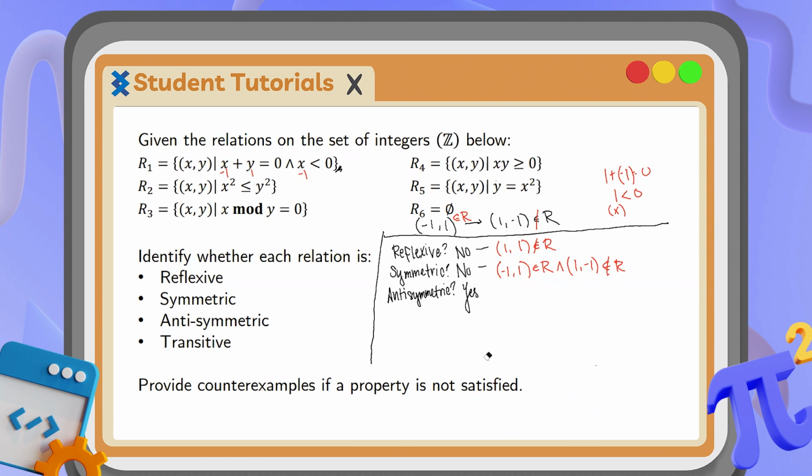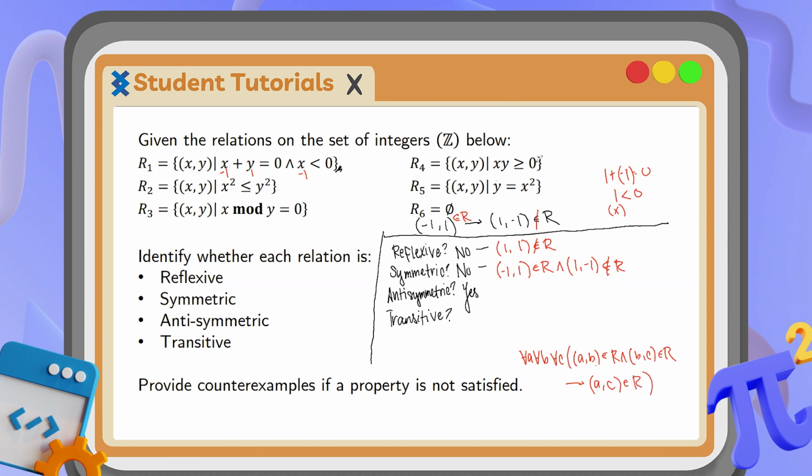Lastly, the transitive property, where it states that for all elements A, B, and C, if AB is in the relation and BC is in the relation, therefore, AC should be in the relation.